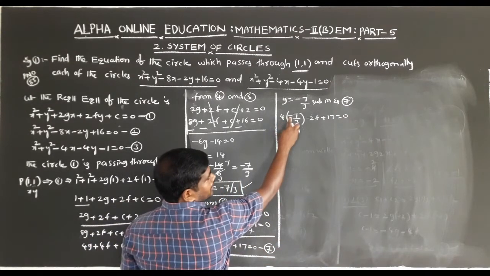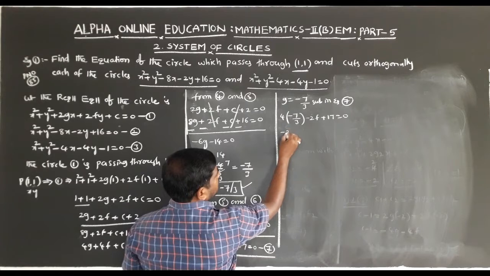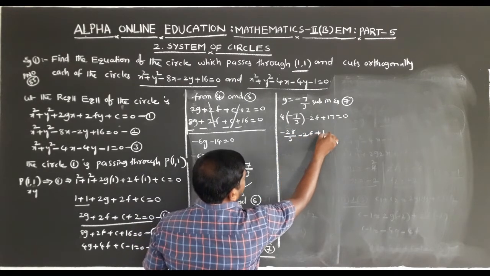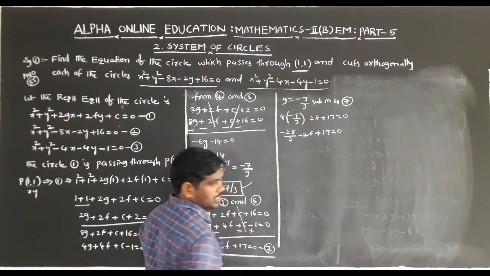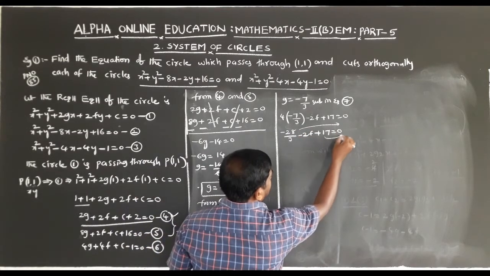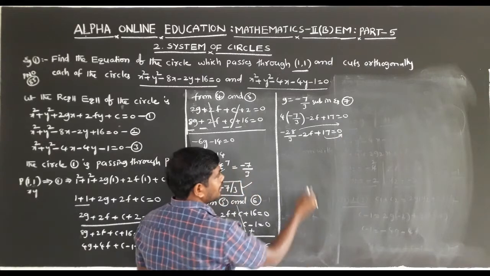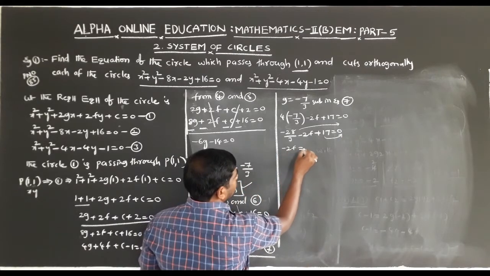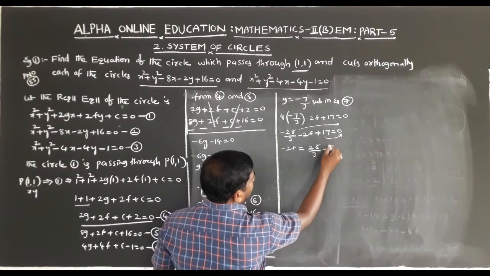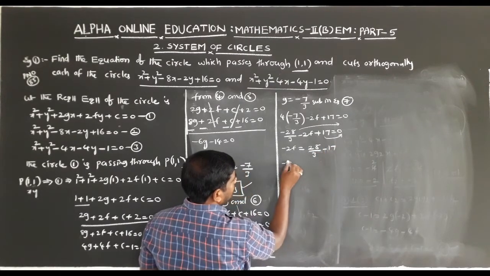Minus 4 sevens are 28 by 3, minus 2f plus 17 is equal to 0. Taking minus 28 by 3 plus 17 to the right side: minus 2f is equal to plus 28 by 3 minus 17.